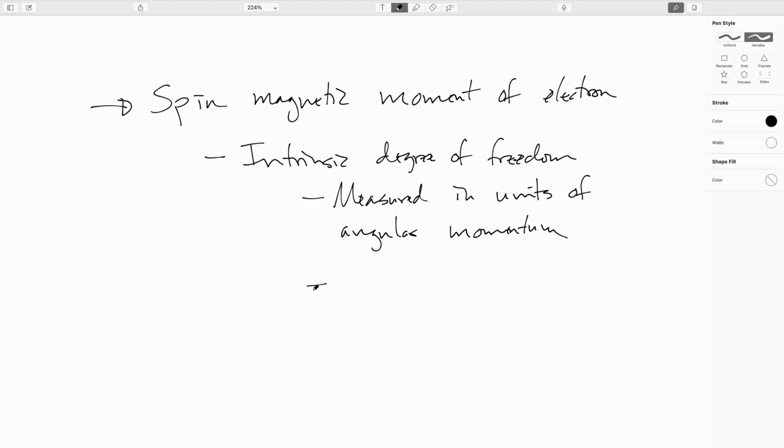Disappointingly, though, it almost certainly isn't actually physically spinning.